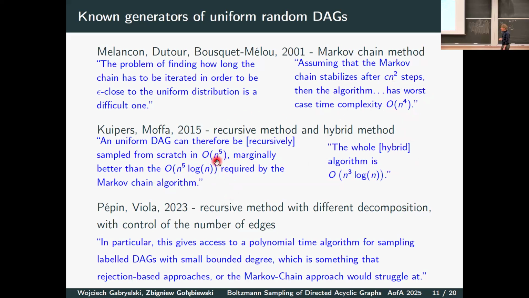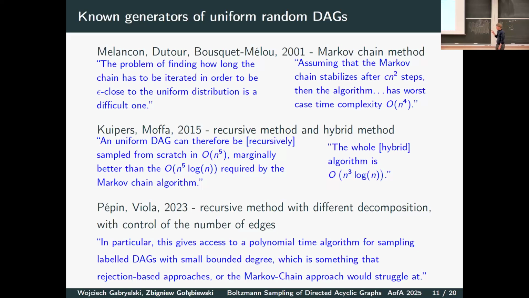They also provided a recursive approach, which more or less works with the same decomposition that I told you before. They state that uniform directed acyclic graphs can be recursively sampled from scratch with n to the 5 complexity, which is marginally better than the Markov complexity that they were able to provide.